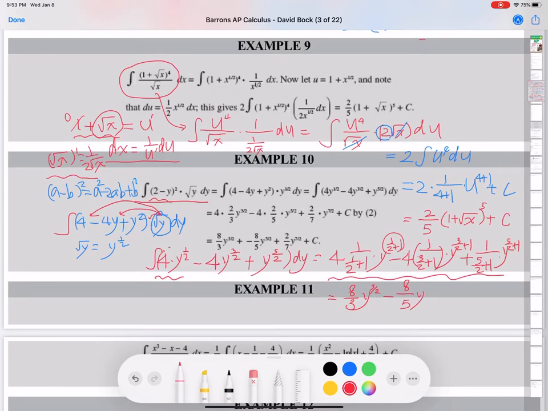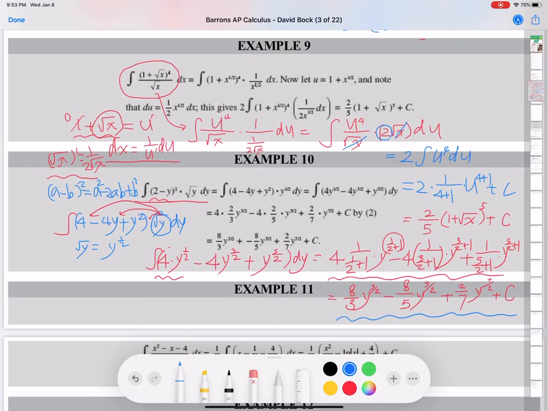Then y to the 3 over 2 plus 1 is y to the 5 over 2 power. Plus 1 over 7 over 2, that means 2 over 7, 2 over 7 y to the 7 over 2 plus c. So this is the final answer of example 10.